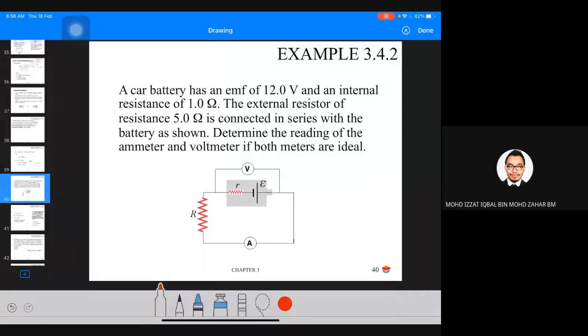Macam previously, you can find current first, or you can find EMF straight away, it doesn't matter. Okay, if I want to find current first, you can use the exact same formula. Epsilon is given.